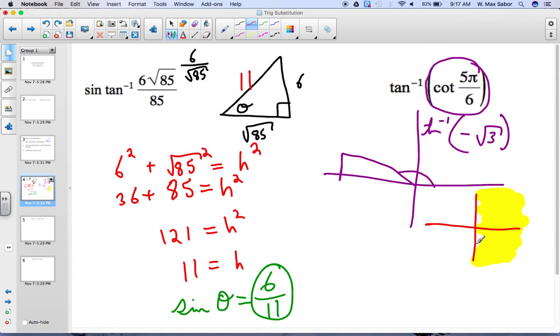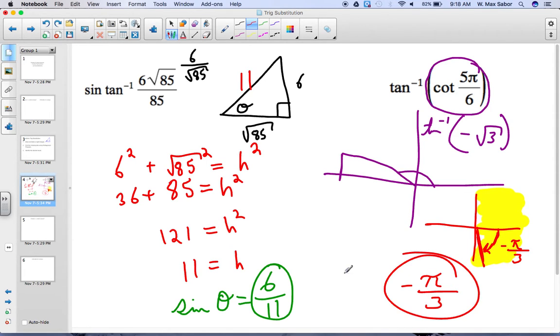So when we're talking about negative square root of 3, we're talking about here. So what is the angle that gives us that amount? Well, that's negative pi over 3. So overall, when we take the cotangent of this and then apply the tangent inverse to it, we get negative pi over 3.